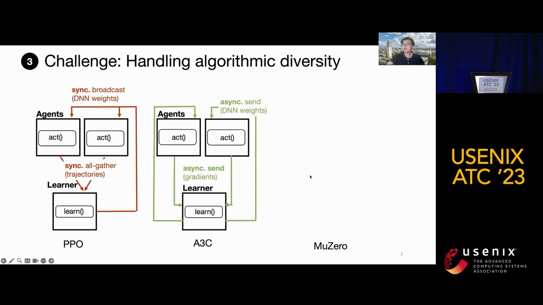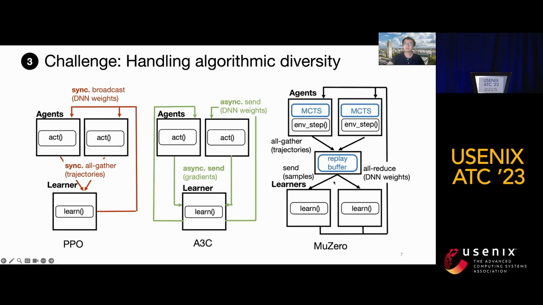And in the end, let's look at MuZero. In MuZero's algorithm, there are multiple agents and also multiple learners, and the agents and learners are connected through a centralized replay buffer. So we can see the structure of this algorithm is very different from the first two.